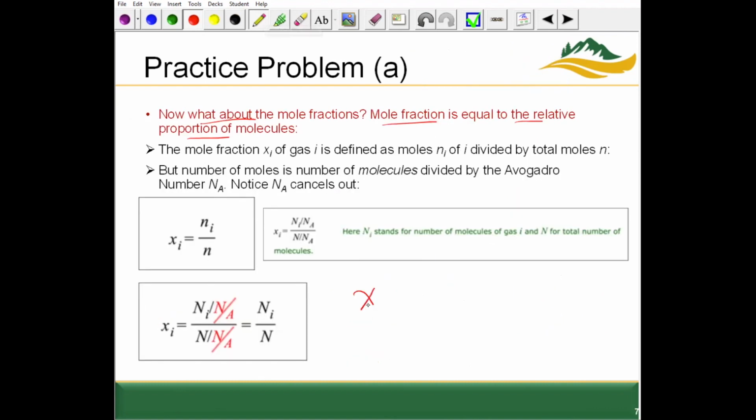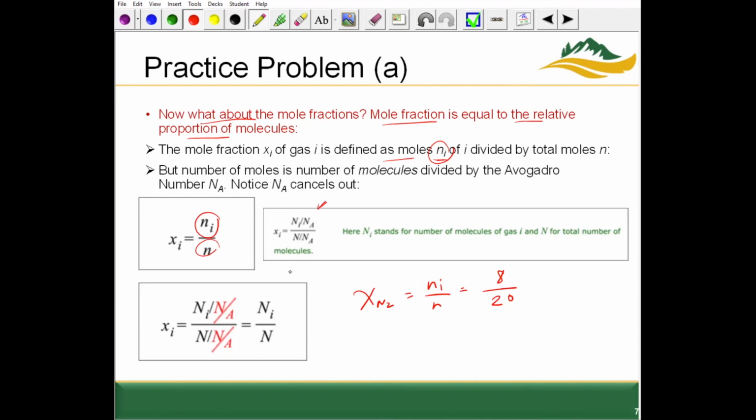So for chi of N2, we're going to take n sub i over n, where n sub i is defined as the moles or the molecules, because we can somewhat use those interchangeably because they're the same number of molecules for every 1 mole of anything. So the moles of nitrogen, or the molecules of nitrogen, there were 8 out of n, where n represents the total number of moles or molecules of gas in that vessel.